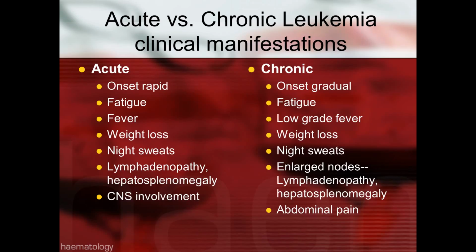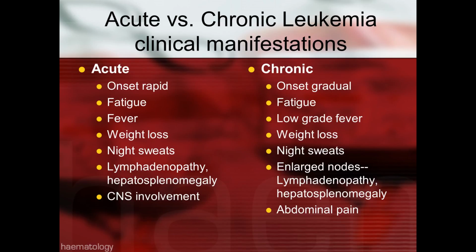With chronic or CLL, we see manifestations that are related to the progressive infiltration of bone marrow and lymphatic tissues by the cancerous lymphocytes. Most patients are asymptomatic, meaning they don't feel bad at the time of diagnosis. And the elevated lymphocyte count on their routine blood work is the only indication that they're sick.